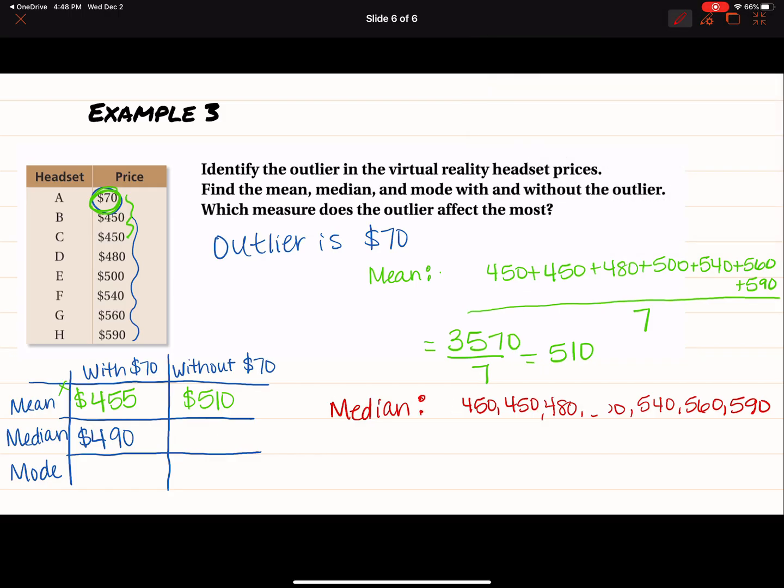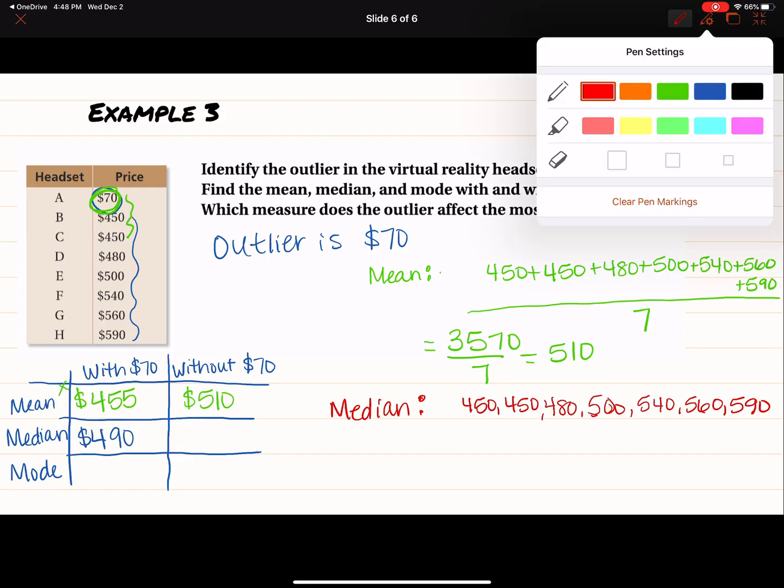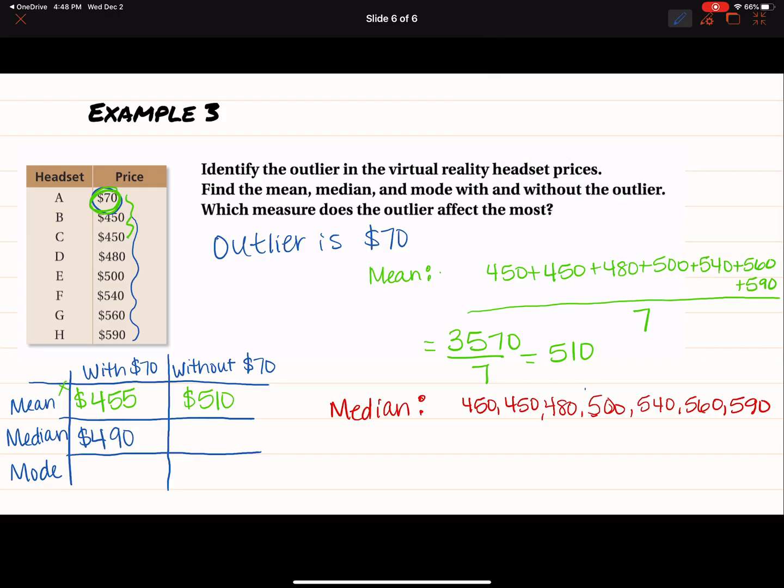I'm erasing things. And now I have an odd number of values. I have 7 values. So now I can find a middle value. And it's going to be this one right here. There's 3 to the left, there's 3 to the right. So my middle value is my median.